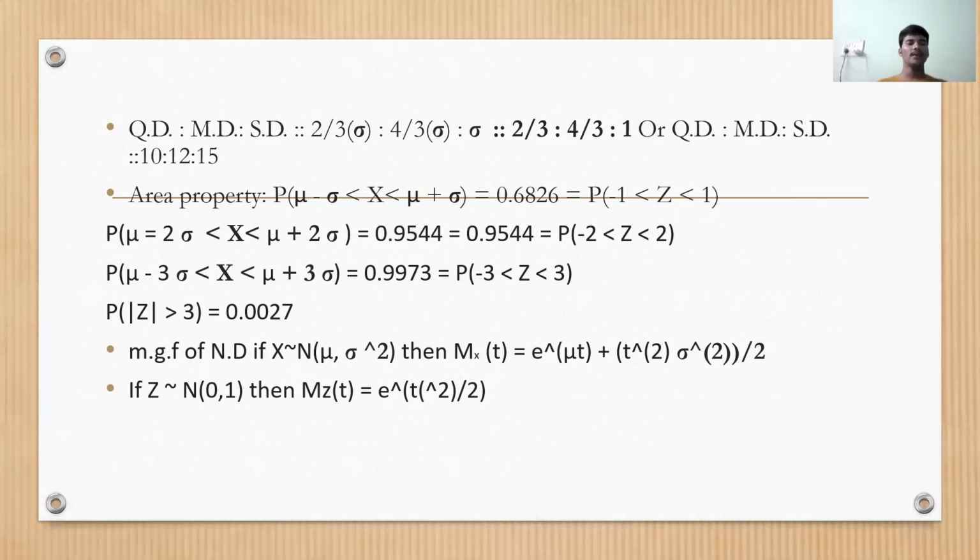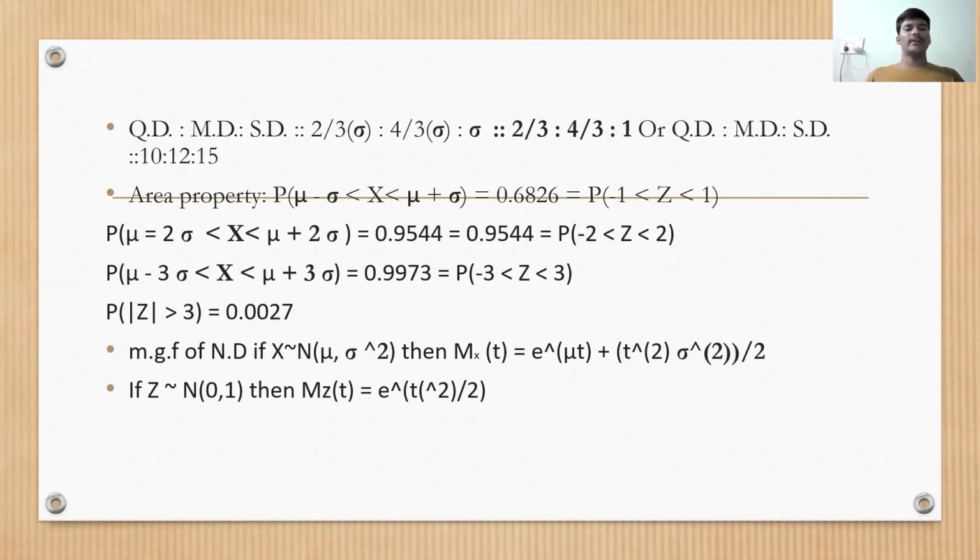Now P of mu minus 3 sigma less than x less than mu plus 3 sigma is equal to 0.9973, equal to P of minus 3 less than z less than 3, which implies P of mod z greater than 3 is equal to 0.0027.